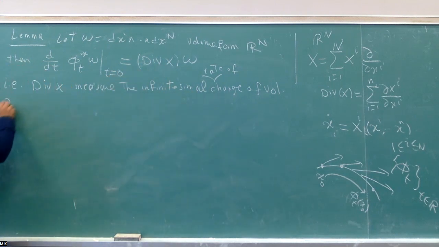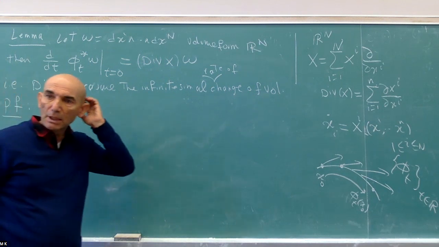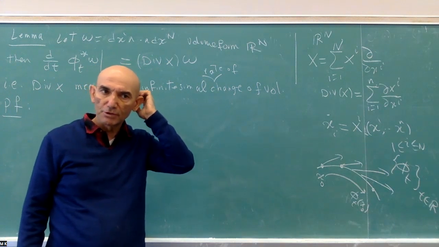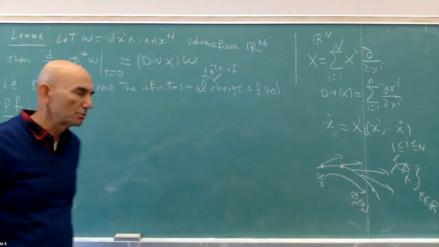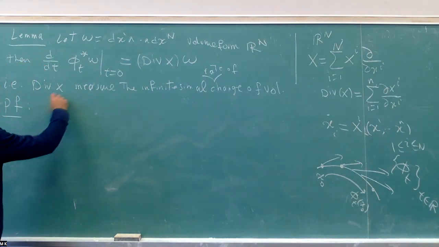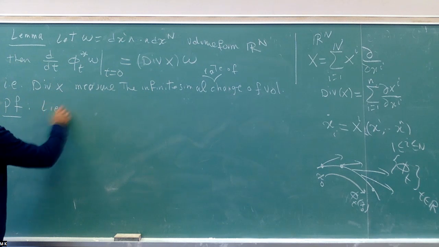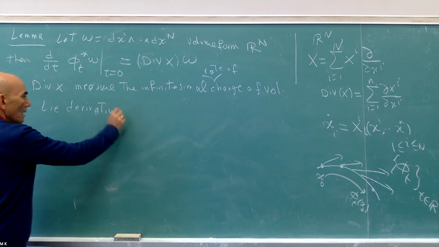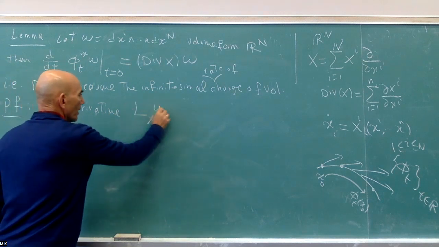So the proof. There are several proofs of this. I give maybe a more high-tech proof using differential form technology, which is good to know anyhow. So first of all, we call the Lie derivative L_X of omega.